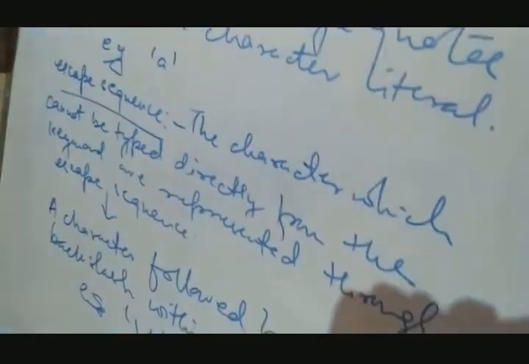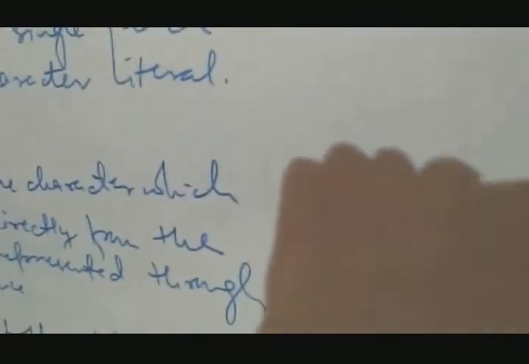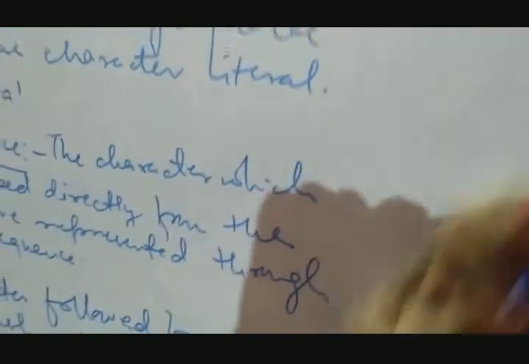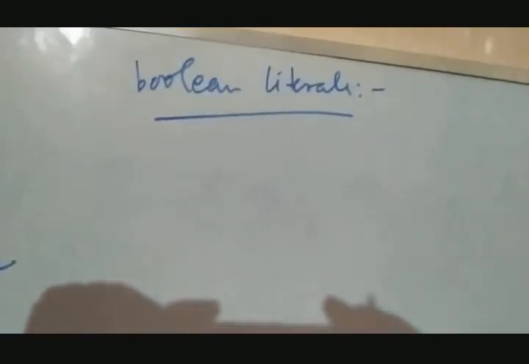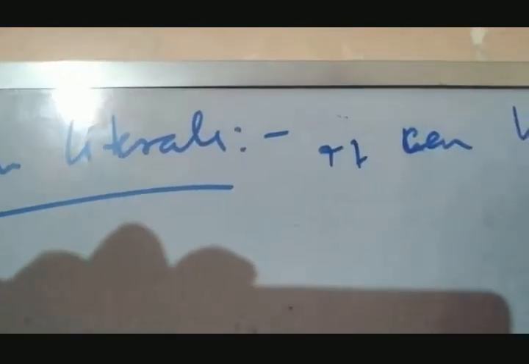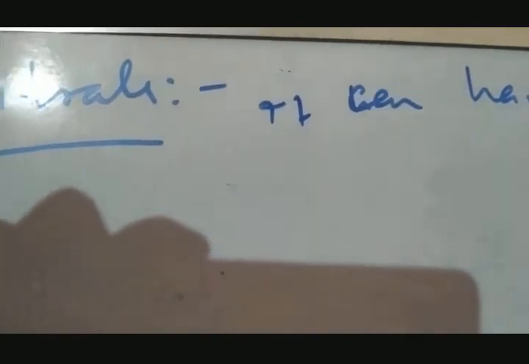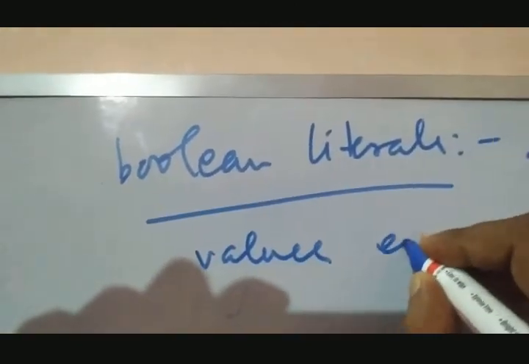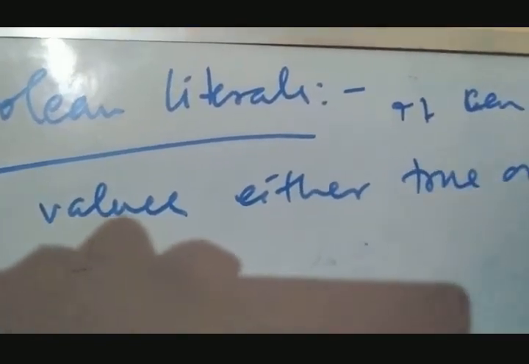Now moving on from escape sequence and character literal to the Boolean literals. What are the Boolean literals? The Boolean literals can contain only two values: either true or false.